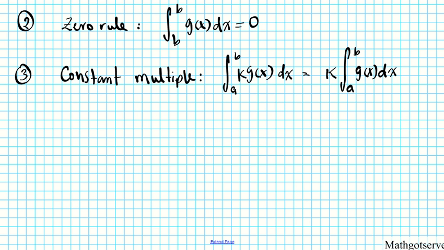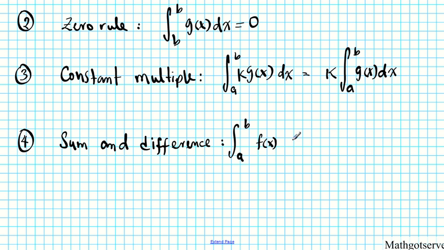The next rule is the sum or difference rule. Okay, sum and difference. Now, the sum or difference rule basically just tells you that you can add or subtract integrals. Okay, so if you have an antiderivative from a to b of two functions, let's say f of x plus or minus g of x dx, this sum can be distributed to the individual functions, okay?